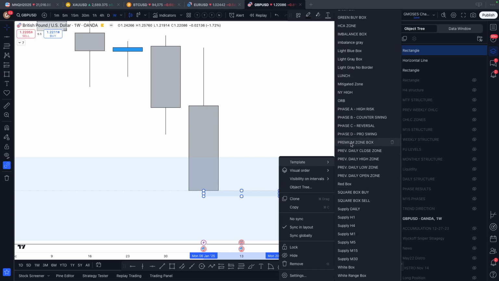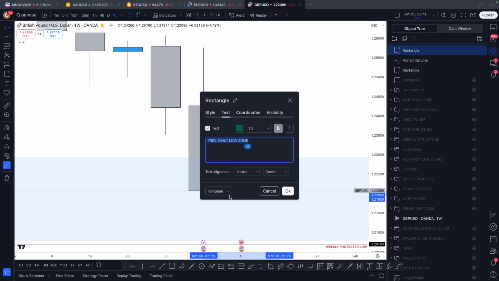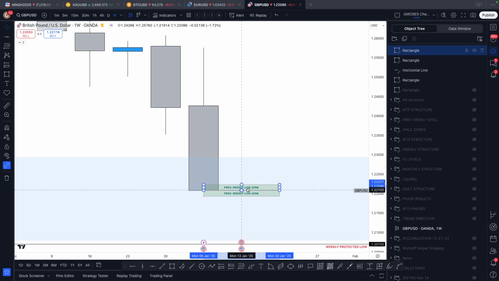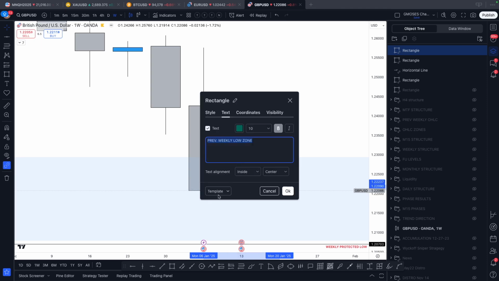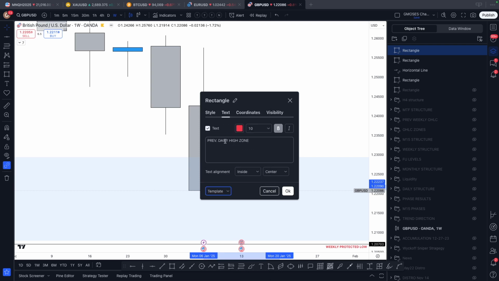We still do have some additional zones that we can add, but I won't add multiple zones in that area. This one here is going to be my additional sell zone.